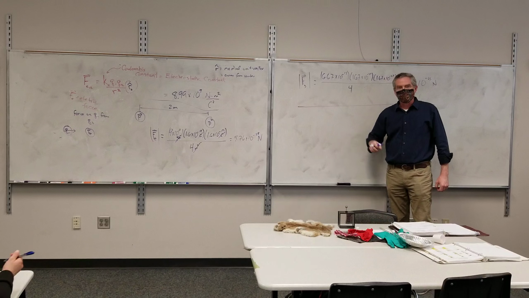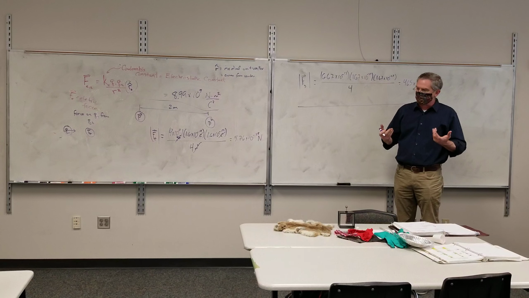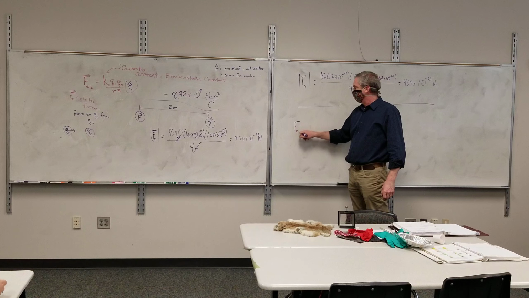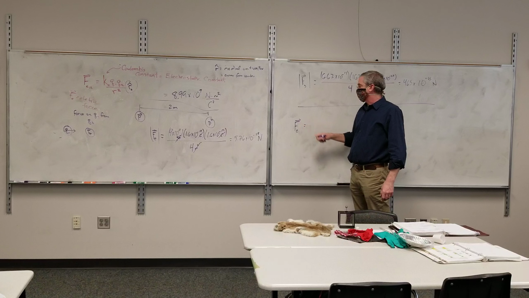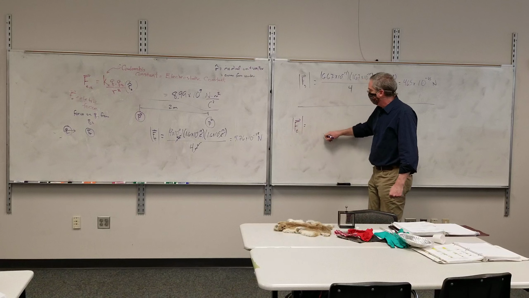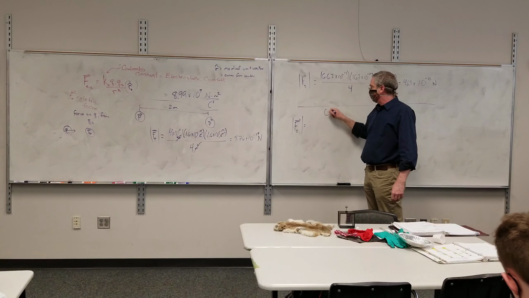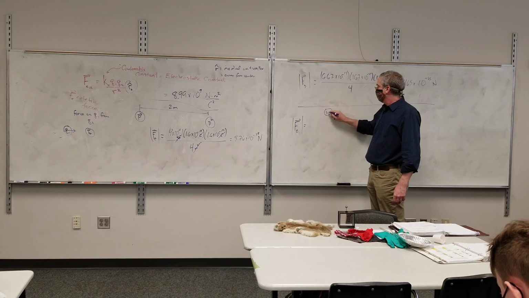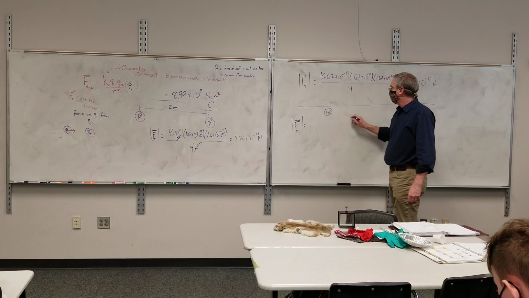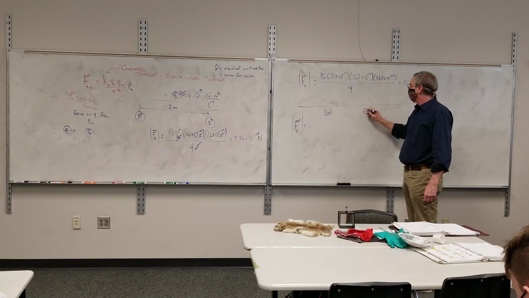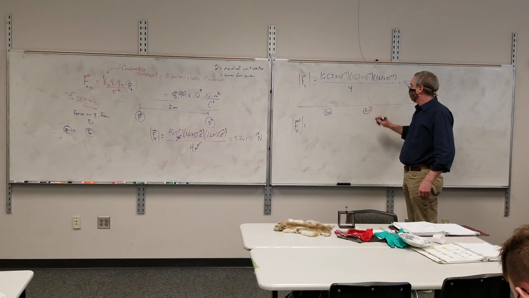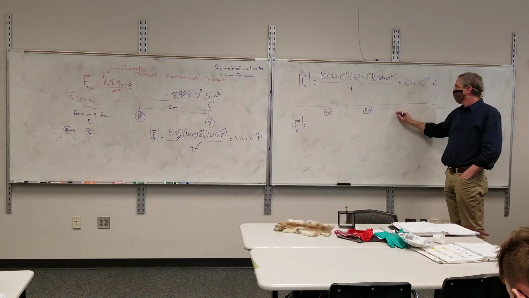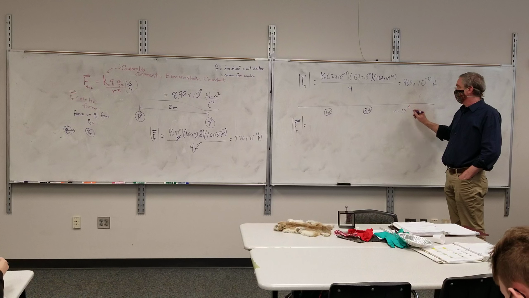So we've got a plug-in jug there. Let's do one more plug-in jug. I want the magnitude of the electric force on, let's say I've got a 3 nanocoulomb charge here, and a negative 5 nanocoulomb charge there. Now, nano is 10 to the negative 9th.